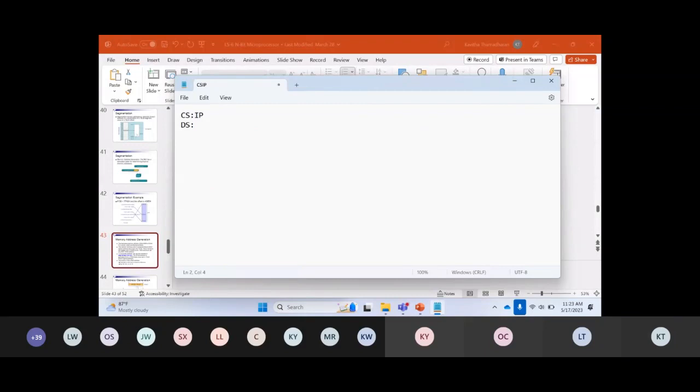Let me give you some idea first. Just now I said base value. The base value needs to be paired with an offset address.